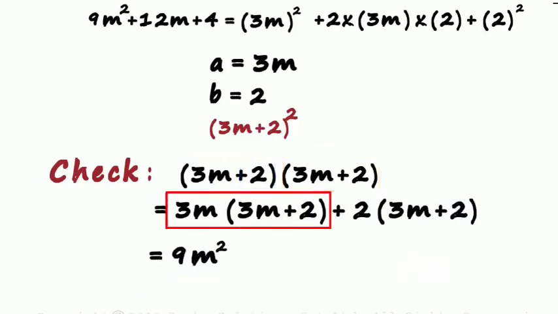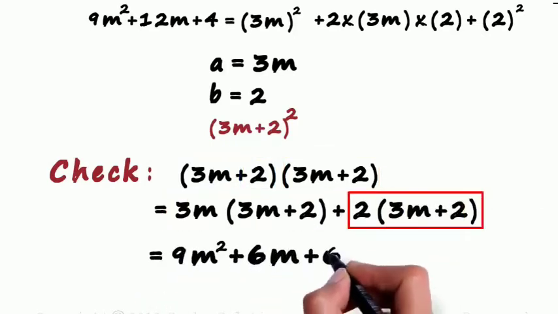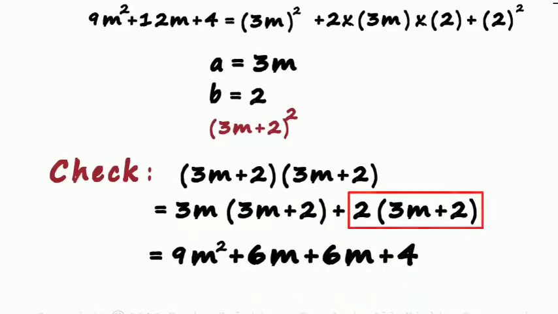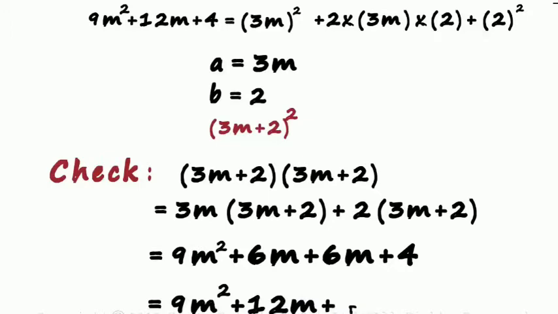So 3m into 3m is 9m square plus 6m plus 6m plus 4. 6m plus 6m are like terms, so we add them: 9m square plus 12m plus 4. We can see it is the given polynomial from the question. It means our solution is completely right and we have solved it. This is how we can apply the first identity.